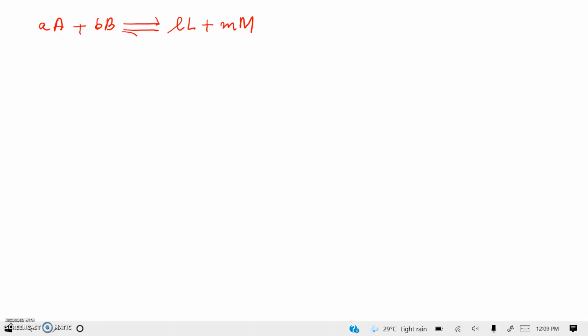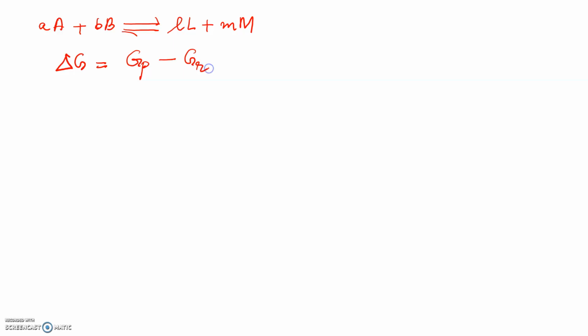For this chemical reaction, the free energy change delta G can be represented as G of products minus G of reactants. What is G of products?